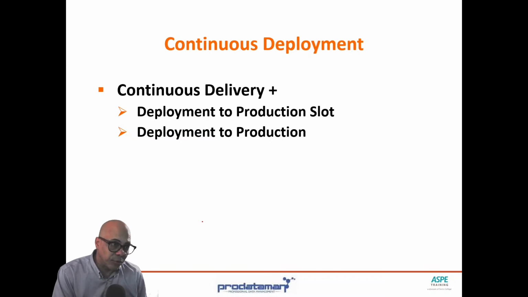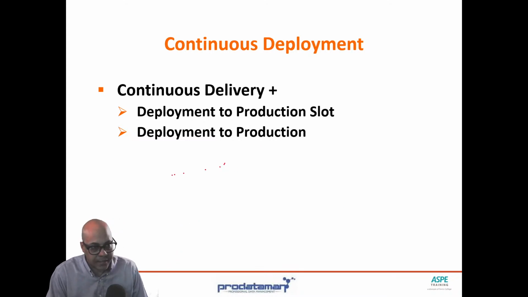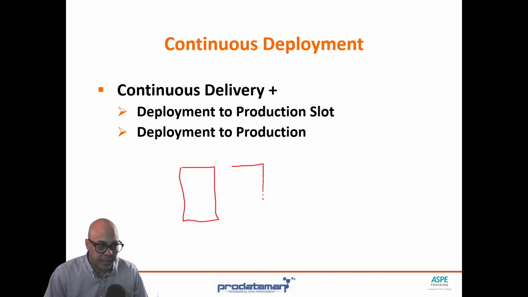Not necessarily deployment to production, but deployment to a production slot. And if you haven't heard that phrase before, in Azure DevOps, we call basically identical servers slots. So a virtual machine that is spun up to be identical to our production server would be considered a slot in that same subnet. So we might have slot A and slot B.